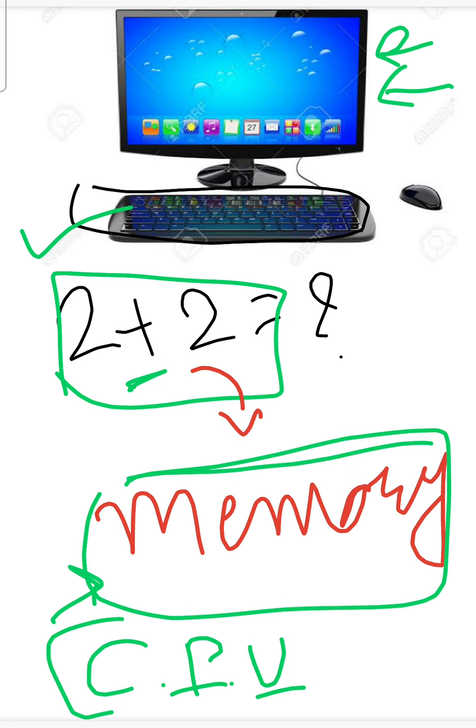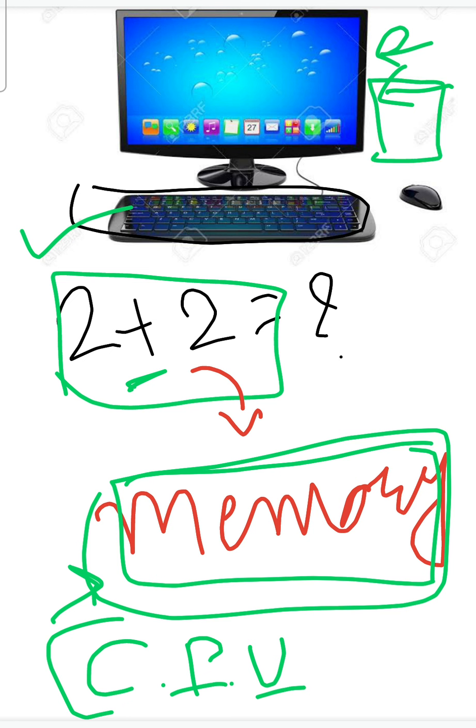So all the information which is written in the memory is seen by the CPU, which applies BODMAS and finally tells the other parts, and at the last all the result is seen on the monitor.